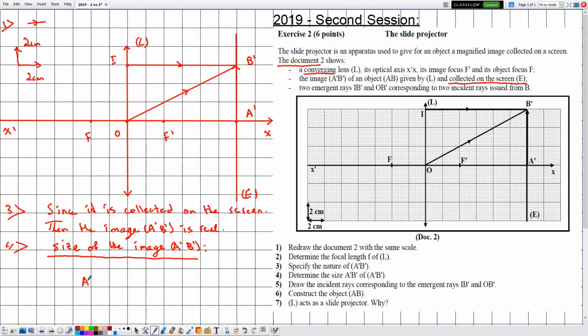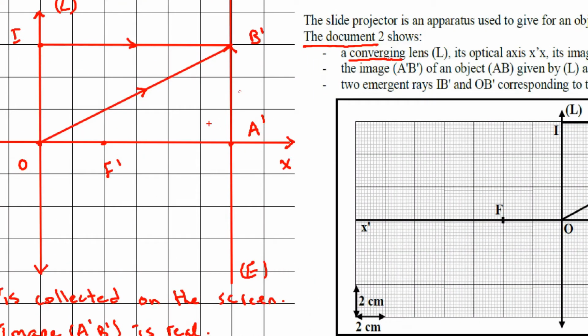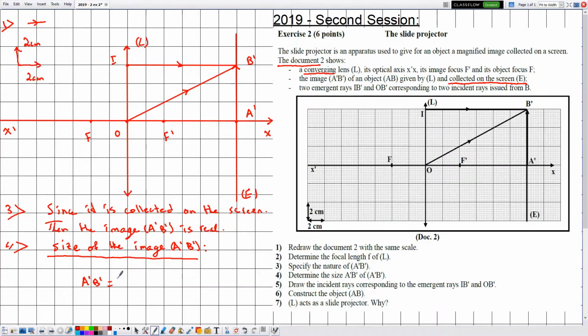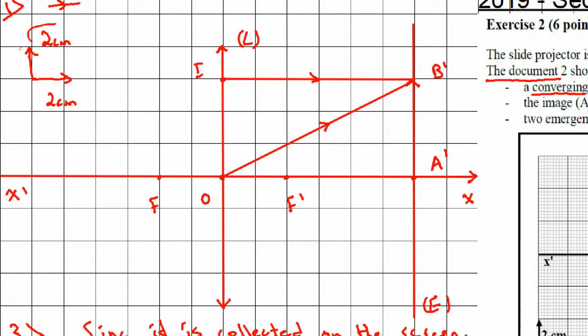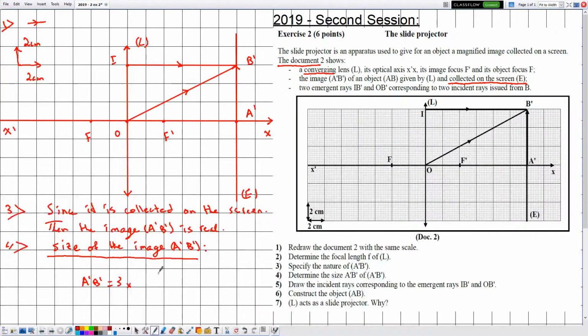Now A prime B prime consists of 1, 2, 3 divisions, and we multiply by the scale along which we have counted the number of divisions, which is the scale along the y-axis. So this will give me 6 centimeters, because the scale is in centimeters. Therefore A prime B prime is given by 6 centimeters.